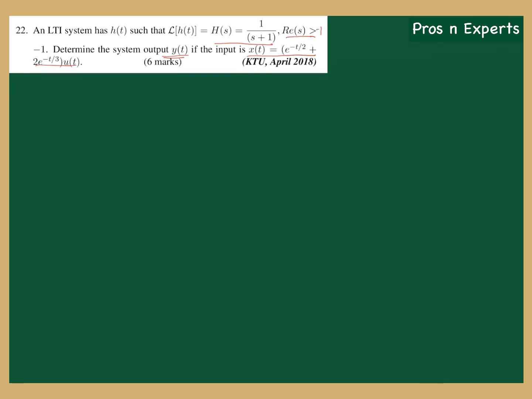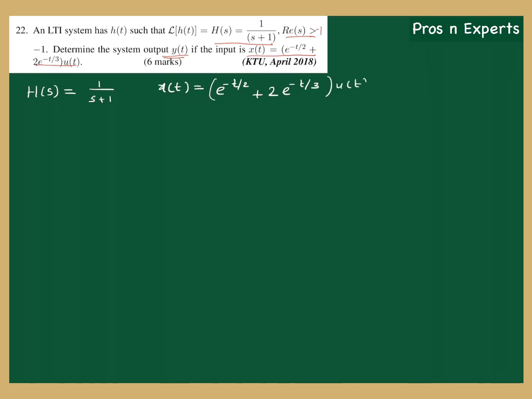Let's start solving this. So first, given H of s is equal to 1 by s plus 1 and ROC is given. If it is needed, we will take it. Now the input signal x of t is given, not the transform, as e to the power minus t by 2 plus 2 e to the power minus t by 3 u of t.